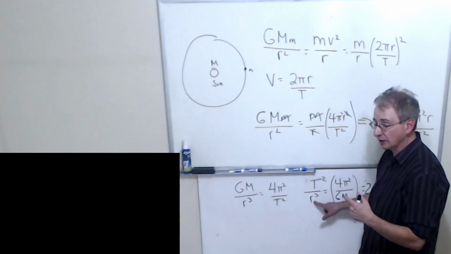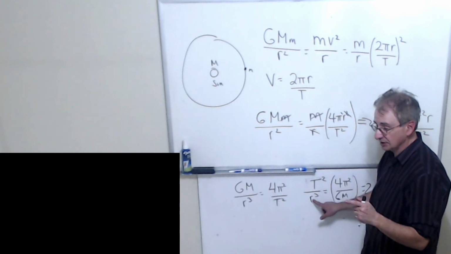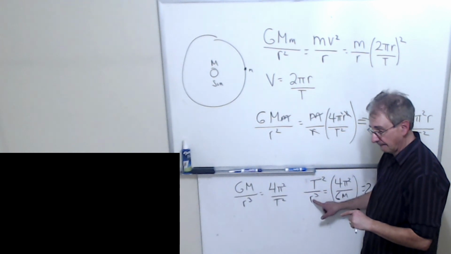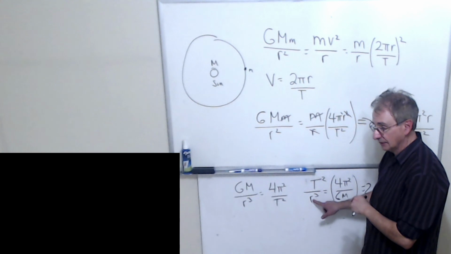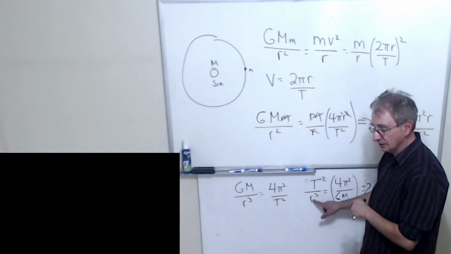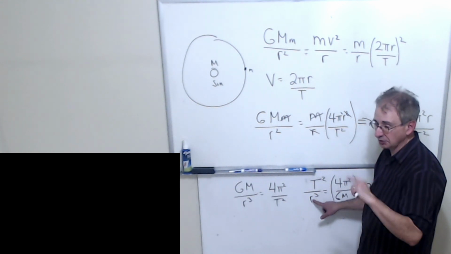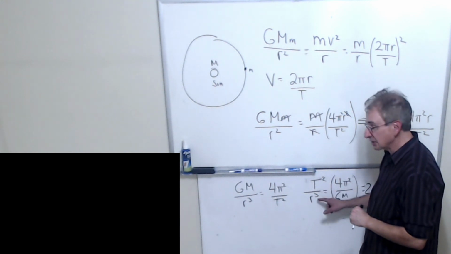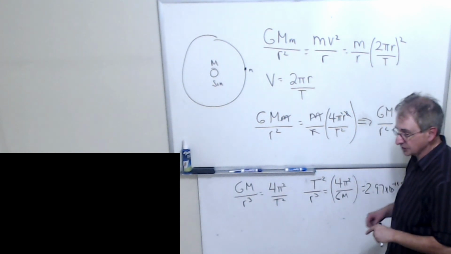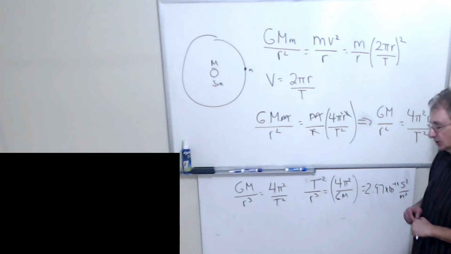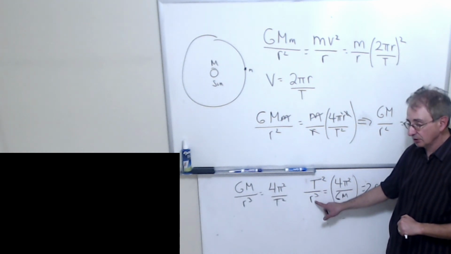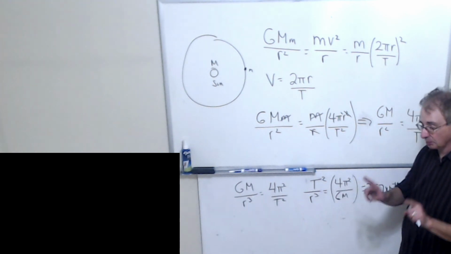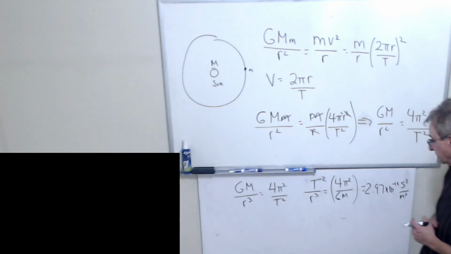If you want to do it for an elliptical case, this distance is the length of the semi-major axis. If you write this in astronomical units, 1 astronomical unit is basically the distance between the Earth and the Sun. This ratio is 1 for all the planets in our solar system. So if you write T in years and r in astronomical units, this ratio is 1 for all the planets in our solar system. It's kind of interesting.